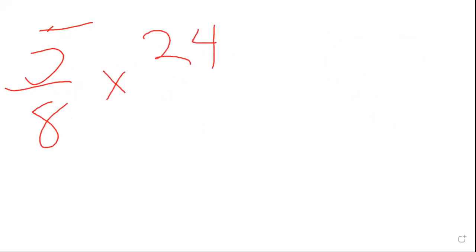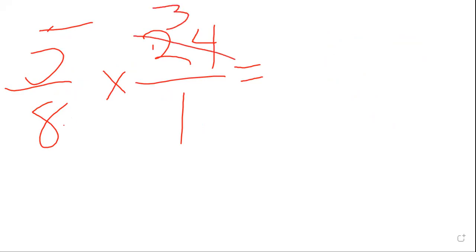What if we said 5/8 times 24 over 1, and we pre-divide, right? So what we're going to do is divide this numerator by this denominator to start. So if we divide 24 by 8, we get 3.